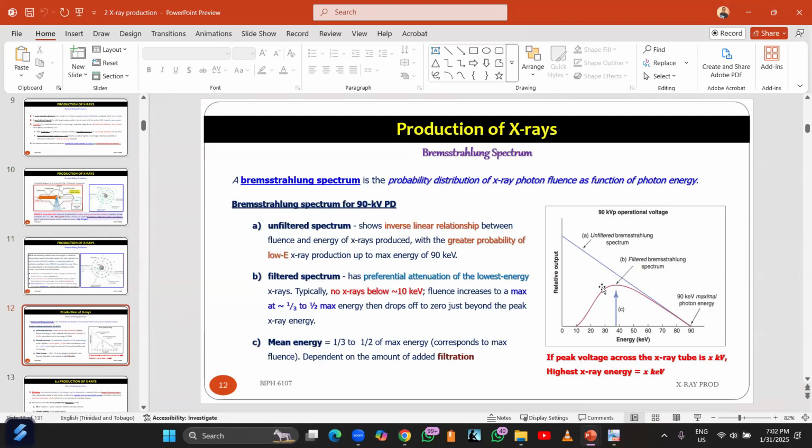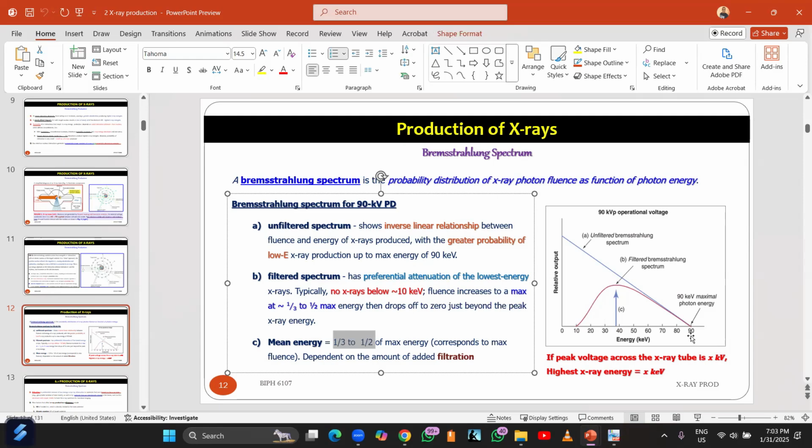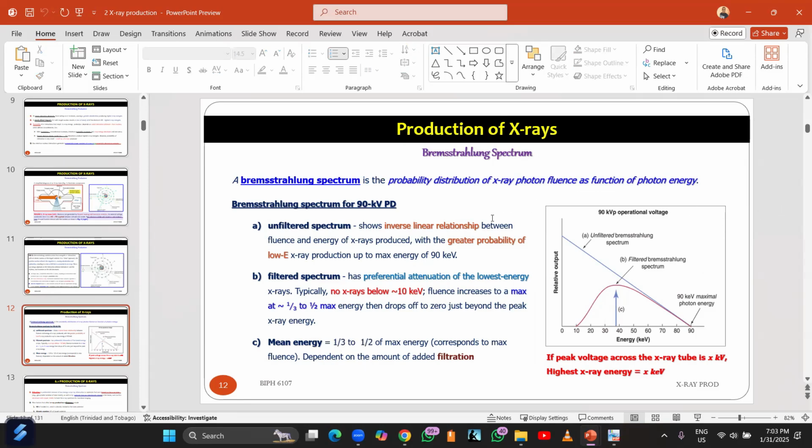If it's not filtered, the energy would start from 0 all the way to the incident energy of the electrons, so from 0 to 90. And the peak, which is shown by the blue line, would range from 1/3 to 1/2 of 90, somewhere between 30 and 40. So that's what I was trying to explain if you plot a spectrum of bremsstrahlung radiation.